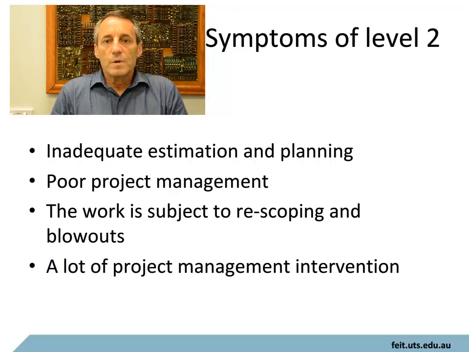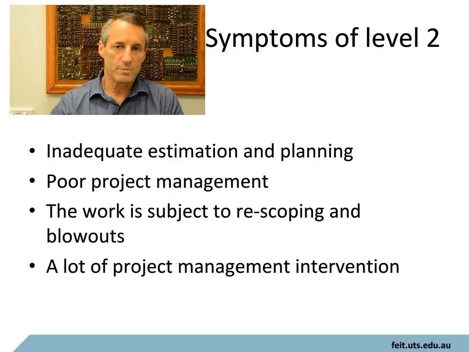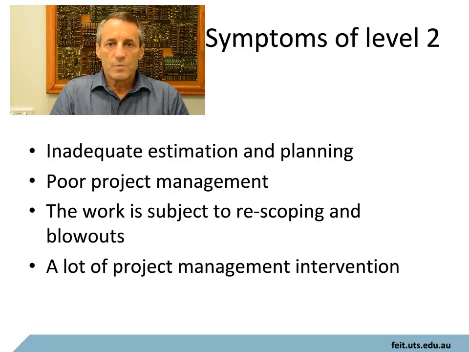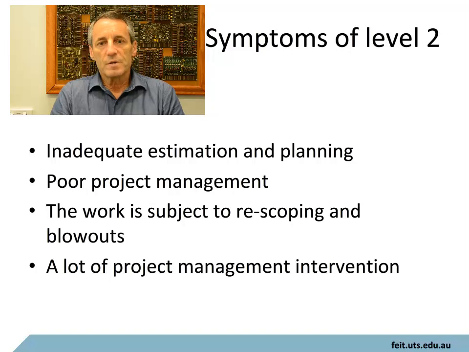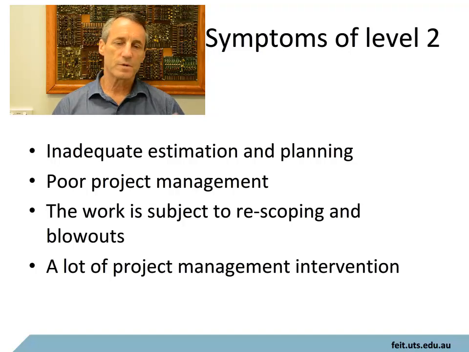Now, capability level 2. If you are beginning on capability level 2, or if an organisation has got capability level 1 under control but not 2, what it's going to look like is that things will be fairly unpredictable. The work floats about a bit. I mean, you're lacking adequate project management.